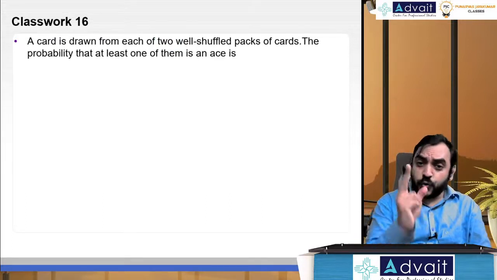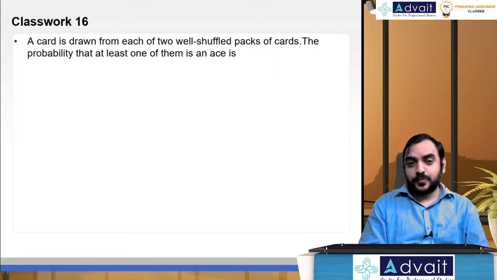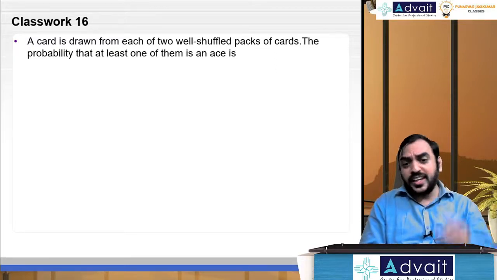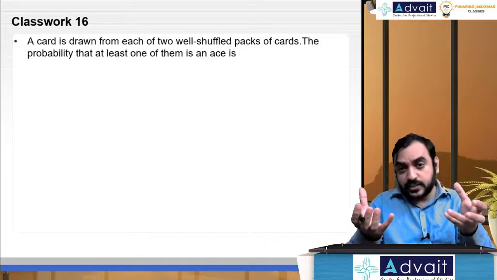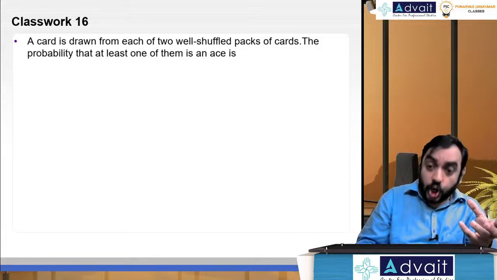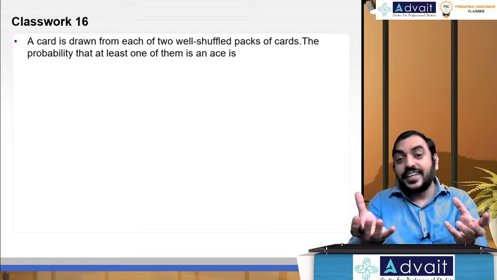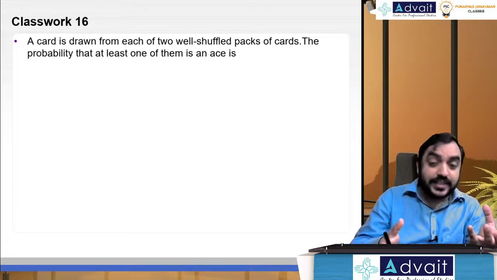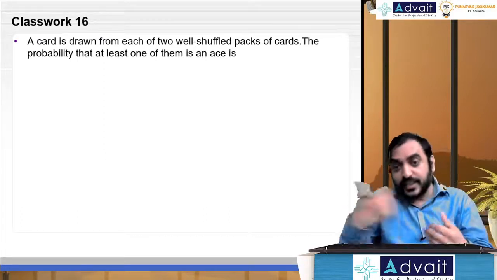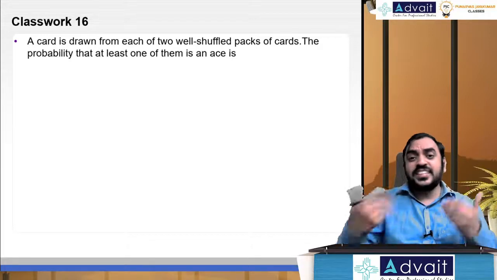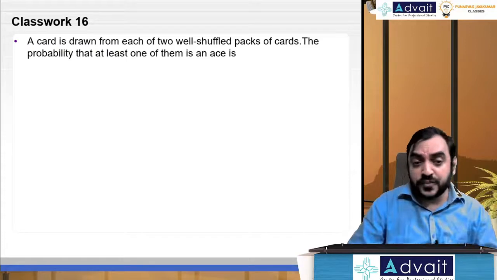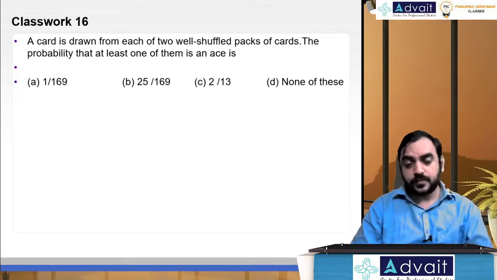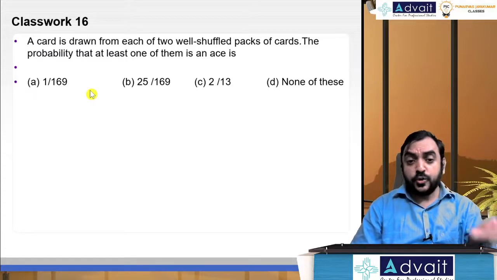Now, at least one of them is an ace. So, what you can do: possibility, first one is an ace, second one is an ace; first one is not an ace, second one is an ace; first one is an ace, second one is not an ace. Like this, if you list out the possibilities, three possibilities come. Instead of that, you can simply do 1 minus none of them are aces.